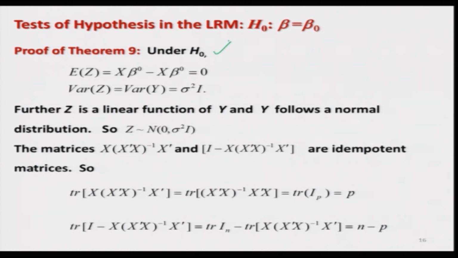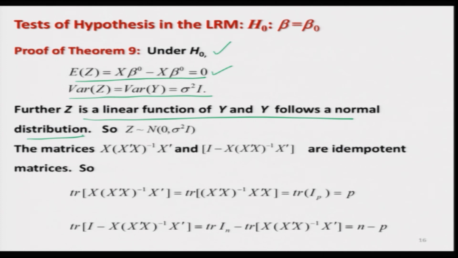Under H naught, the expected value of Z is X beta naught minus X beta naught, which is 0, and the variance of Z is the same as the variance of y, which is sigma square I. Z is also a linear function of y, and y follows a normal distribution, so Z will also be normally distributed with mean vector 0 and covariance matrix sigma square I. That means Z1, Z2, ..., Zn are IID.